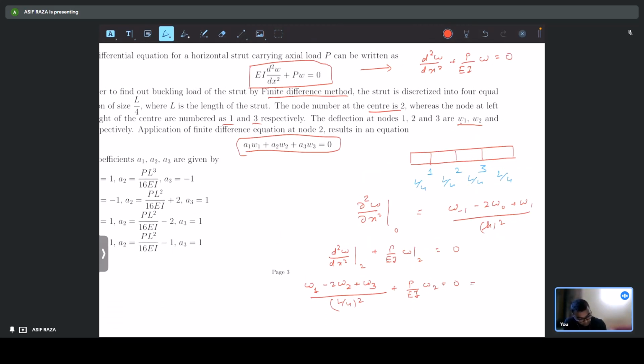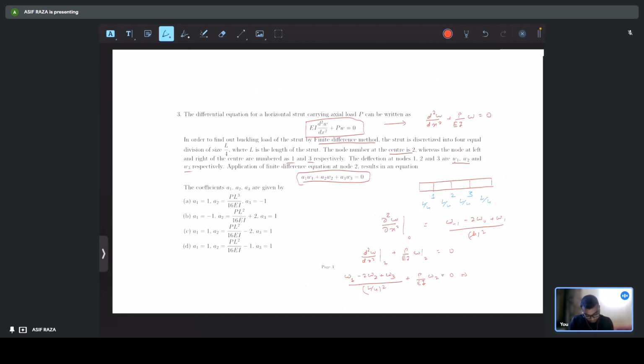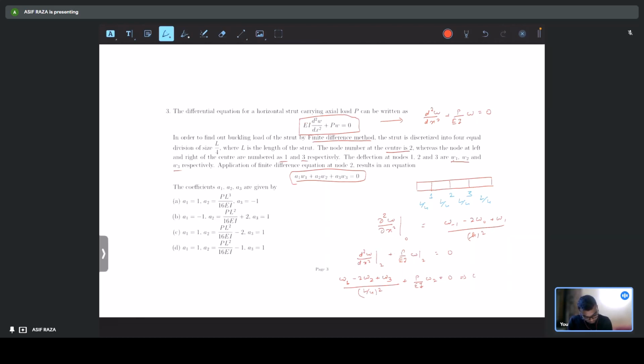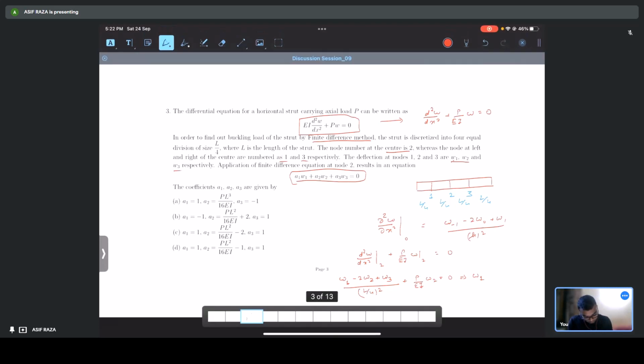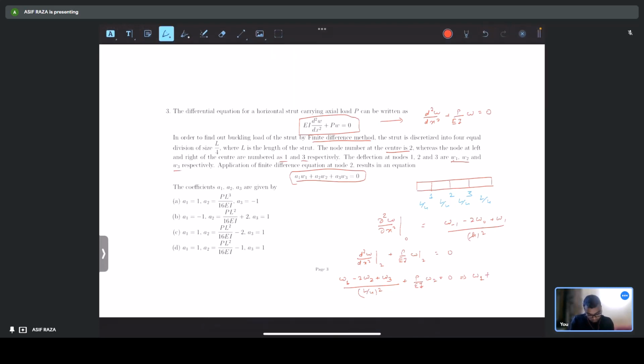Simplifying it, we'll get W1 minus 2 W2 plus W3, and if I take this P by EI, the 16 will go down, so P L square by 16 EI, minus 2 W2 plus W3 equal to 0.